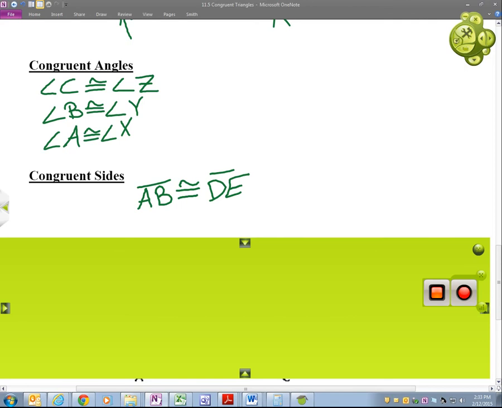Good. One more, Max. Side CB is congruent to ZY. CA is congruent to side ZX.